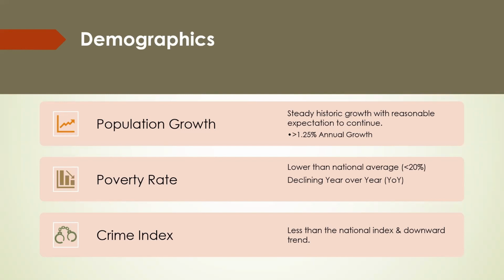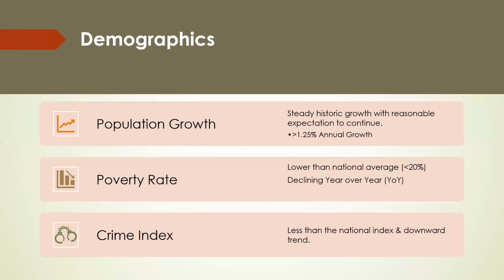So what we can do is look at this from, say, a 20-year time table and see what the trend has been. And really want to see that 1.25% annual growth year over year. When we look at the poverty rate, we want that less than the national average of 20%, and declining year over year.